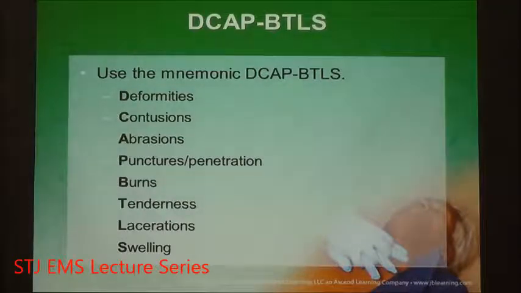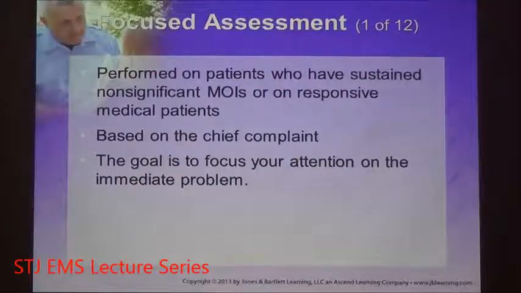And what does it stand for? Deformities, contusions, abrasions, punctures or penetration, burns, tenderness, lacerations, swelling. So we do that full body scan, looking for all those things that you found in the mnemonic DCAP-BTLS.